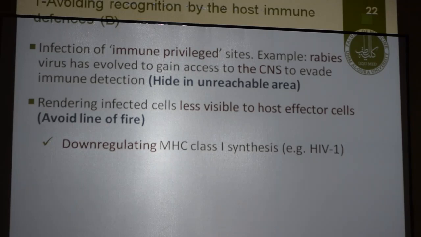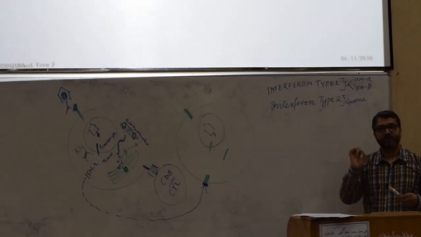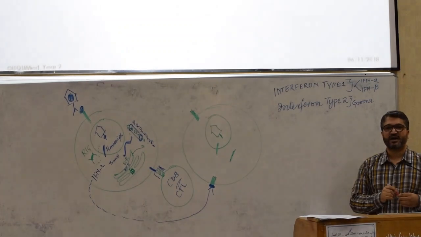Now we'll start looking at some of the examples by applying where they can act. So you see the proteasome, which has the ability to break down the viral protein into small pieces, can be blocked by Epstein-Barr virus.